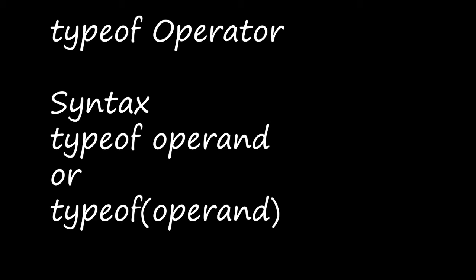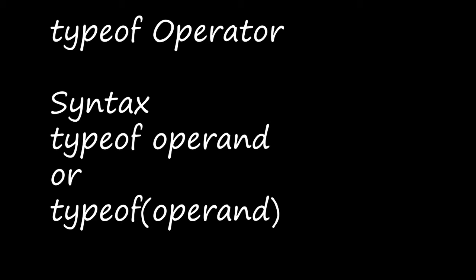If you see the syntax, it will be typeof operand. Typeof is the keyword, right? Typeof, without space, you have to write typeof, and inside the brackets you can give the operand, or you can give the operand as such itself.